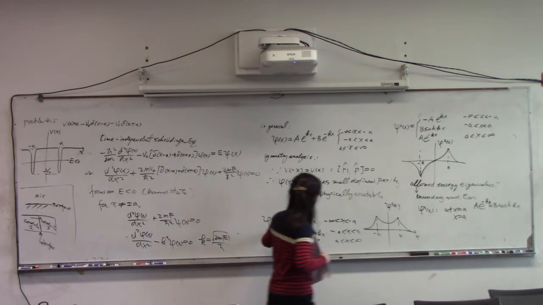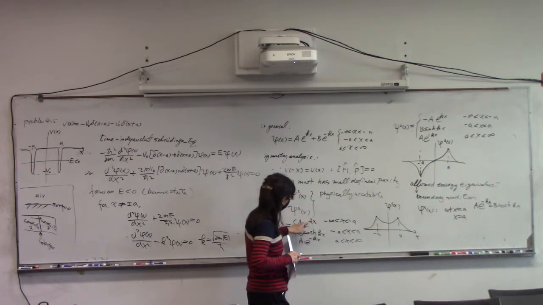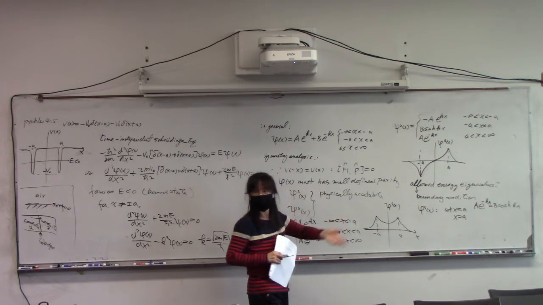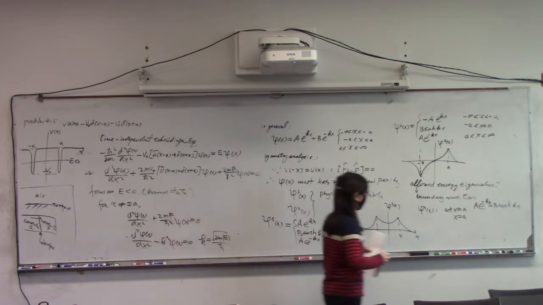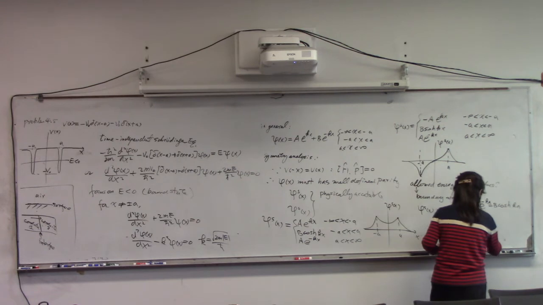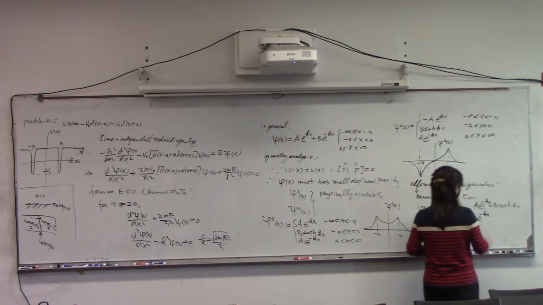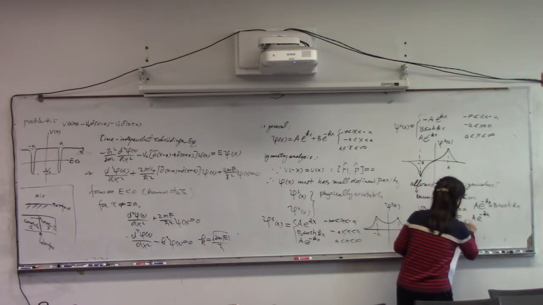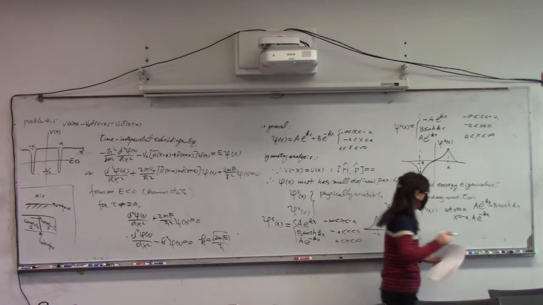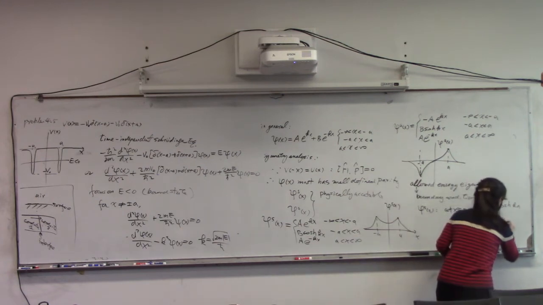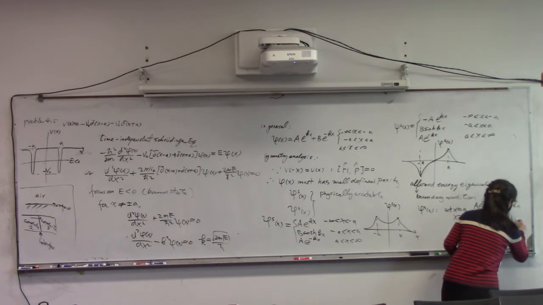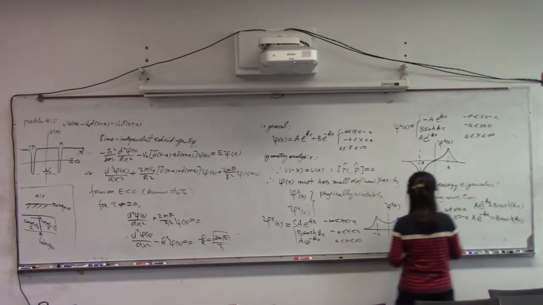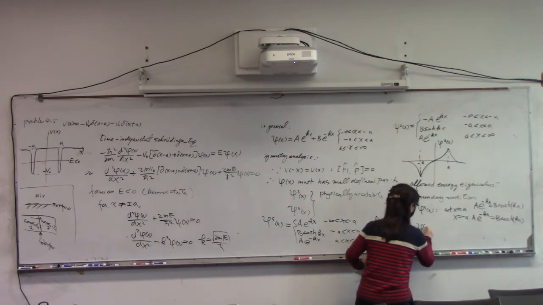Same thing: at x equal to minus a we have A e^{-ka}, and here cosh(-ka) is positive, because the hyperbolic cosine of a negative x has to be positive, right? So that is again the same thing. You see these two boundary conditions give us the same formula.